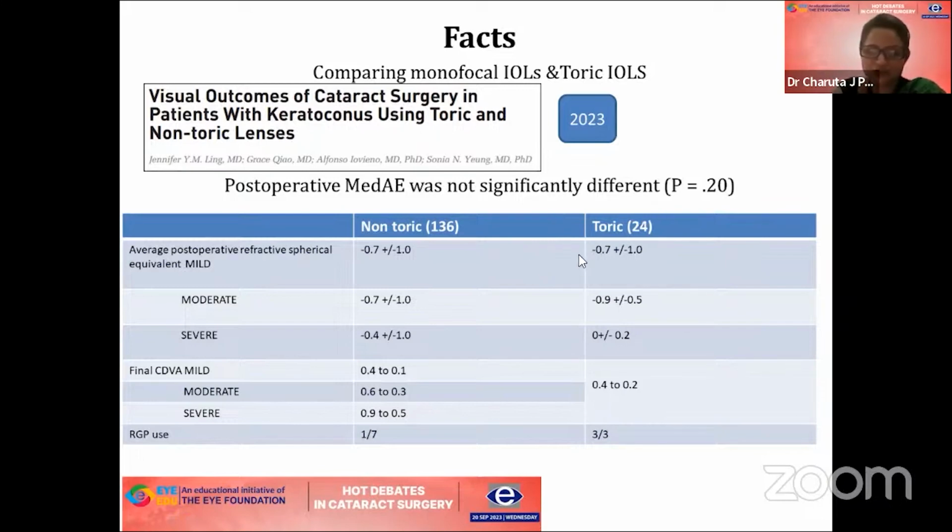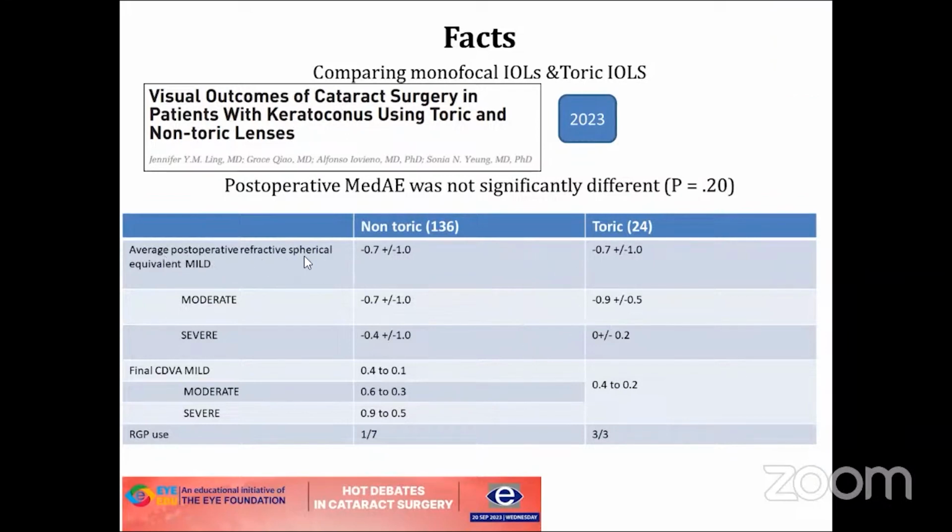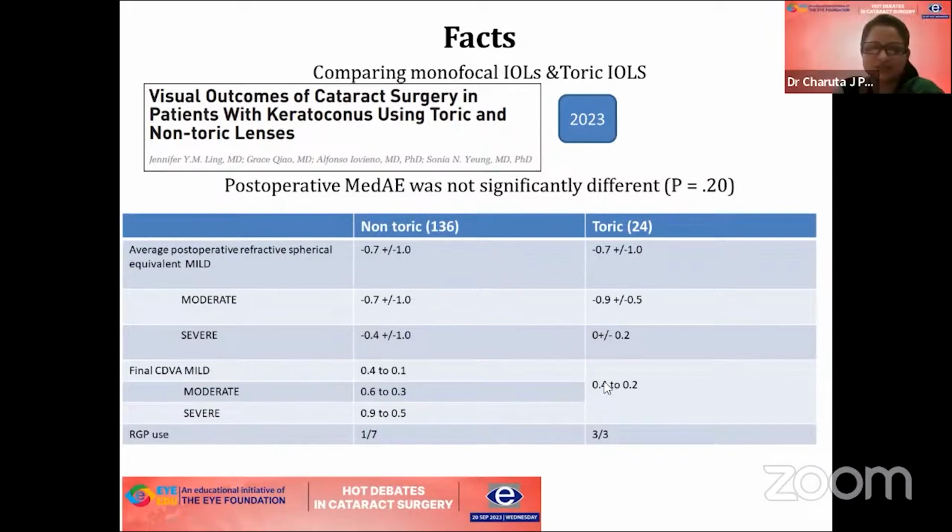Next, if we go to see the subgroup analysis, in all the subgroups also, there was not much difference between the average post-operative spherical equivalent and the final CDVA. More notably, 7 of the patients who received the monofocal IOL stopped using the RGP after the surgery, whereas all 3 patients who got the toric lenses continued their RGPs even after surgery.